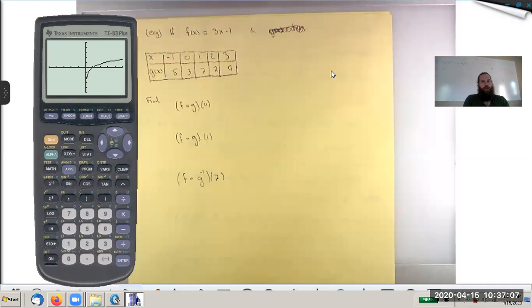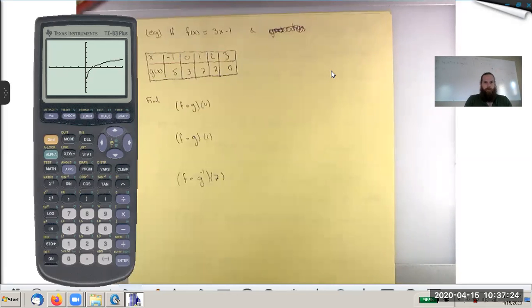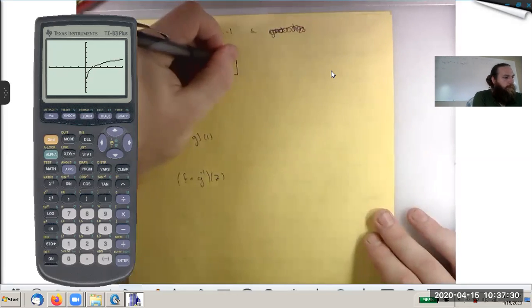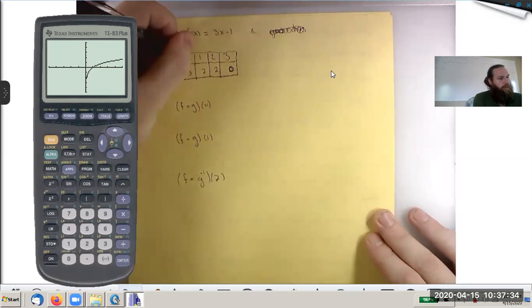So let's start at the first one there. How would I find f of g of 0? Anybody remember how these things work?